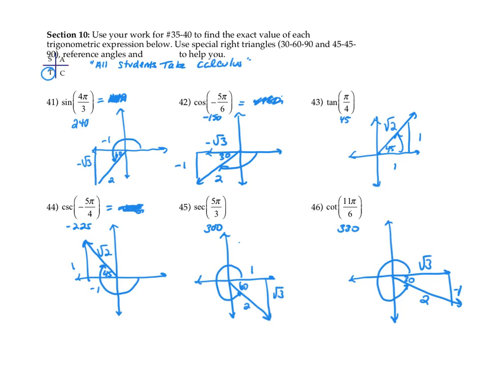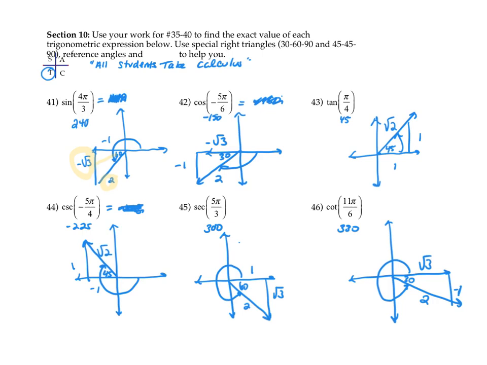Okay. For number 41, again, we are in quadrant 3. Our reference angle is 60 degrees, so I've drawn a special right triangle. We're doing sine, so sine is equivalent to opposite, which would be negative square root of 3. That's the side opposite our angle, and 2 is the hypotenuse.